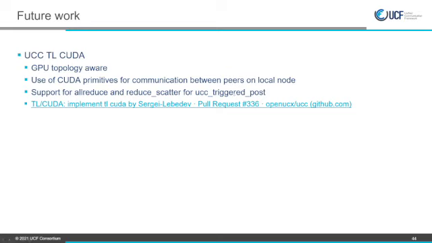And it will also support allreduce and reduce operations natively for triggered post. Again, details are in this pull request, it's still in discussion. So if you have any ideas or feedback, you are welcome to contact us. Yeah, I think that's it.